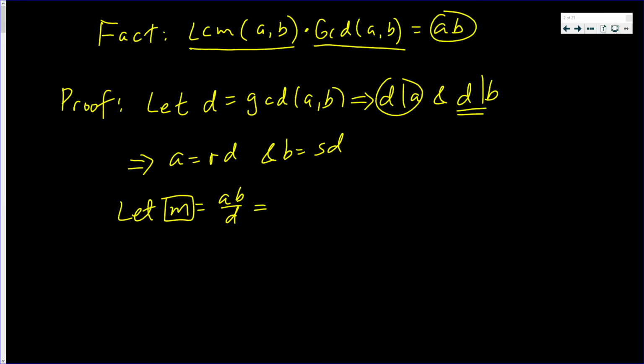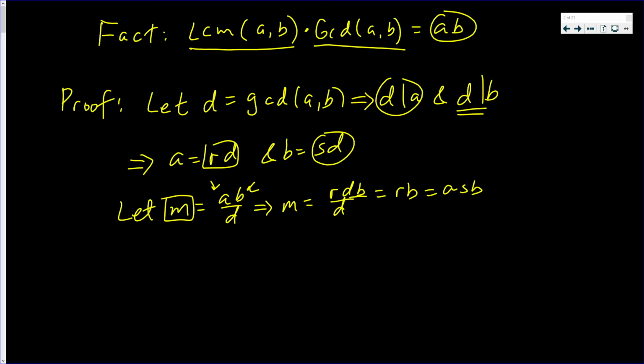Now, this implies that M is equal to AB over D, which is equal to A times any old way of writing B. A times B, just wrote B differently.